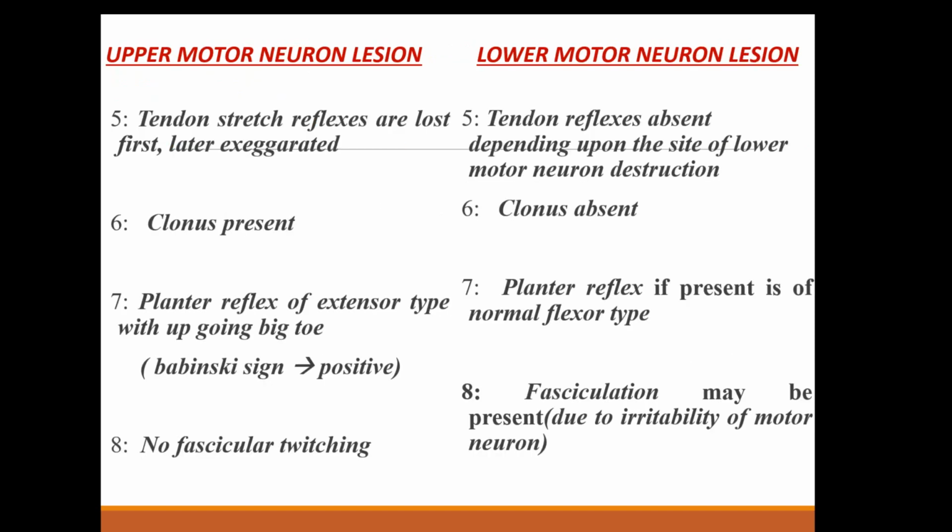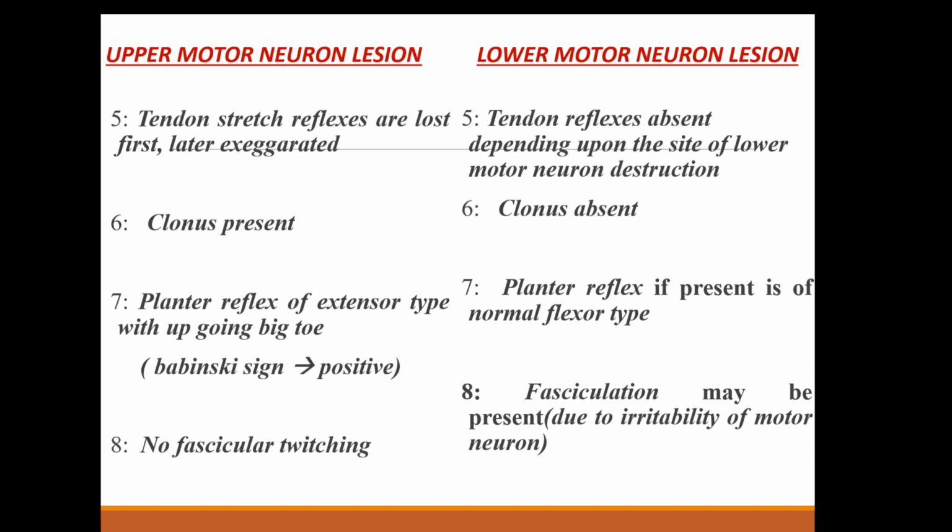Then the tendon stretch reflexes are lost first and later exaggerated, whereas in lower motor neuron lesion the tendon reflexes are absent depending upon the site of lower motor neuron destruction. Clonus is present in upper motor neuron lesion and absent in the other condition.